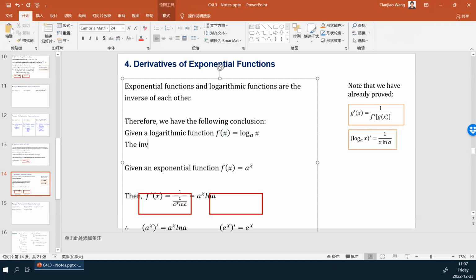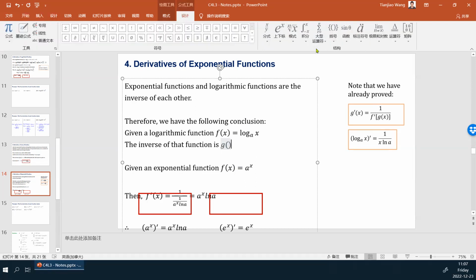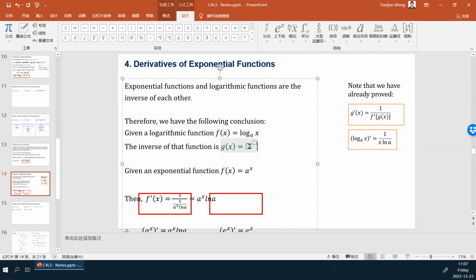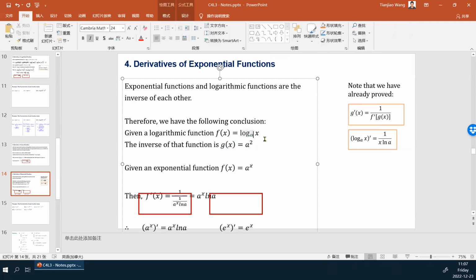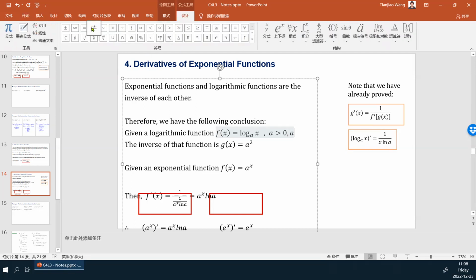And the inverse of that function, let's call that g(x). We know the inverse of that function is a to the power of x, right? Of course, there are some limitations for the parameter a. a is greater than 0. a is not 1. Okay, this should be x.